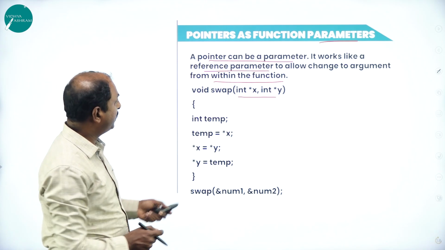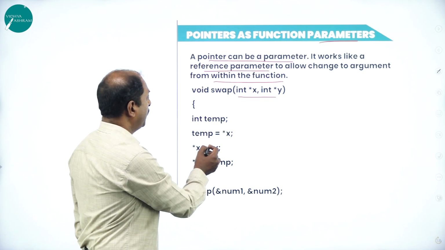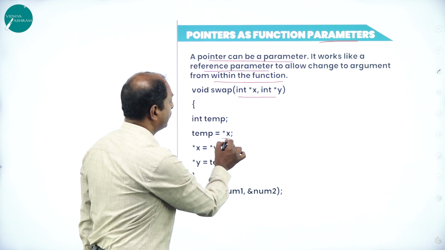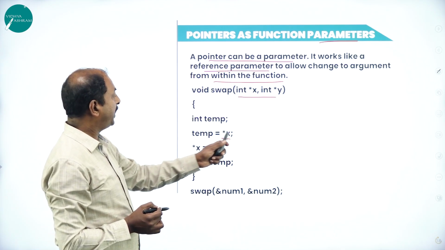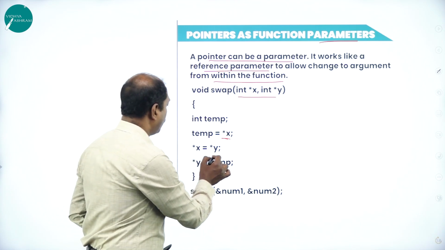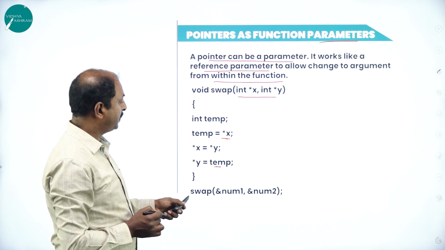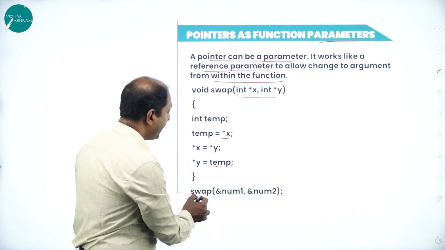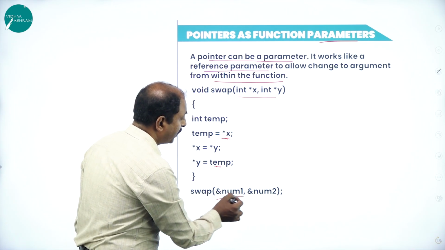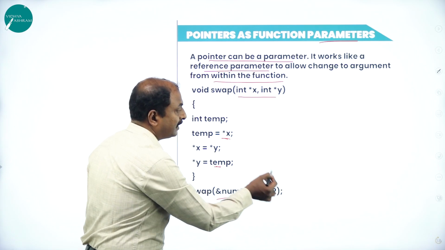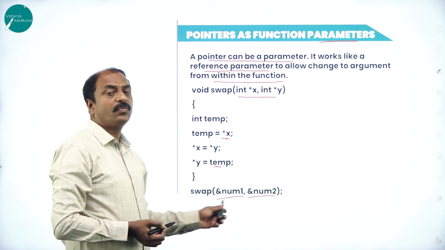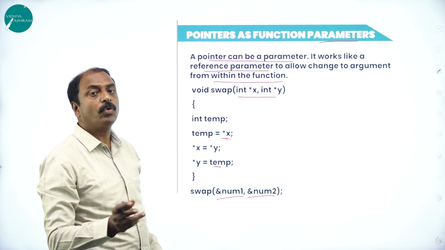Next, inside the function, we have the statements: int temp equal to star x, this is one way, star x equal to star y, and star y equal to temp. This is the function, and here swap ampersand num1, comma, ampersand num2, semicolon. This is how we call or invoke the function.